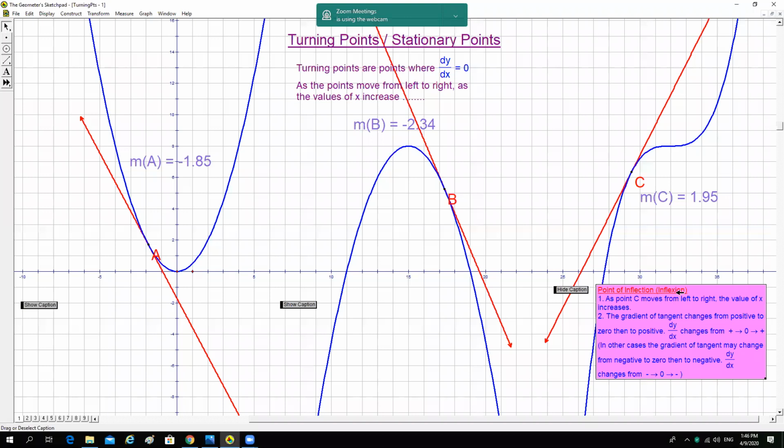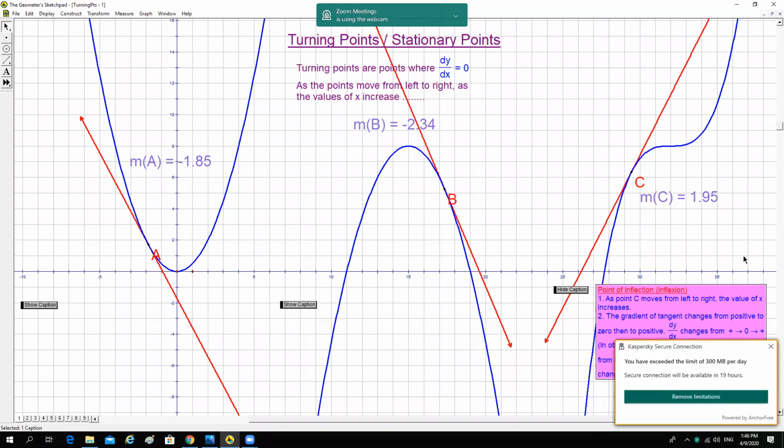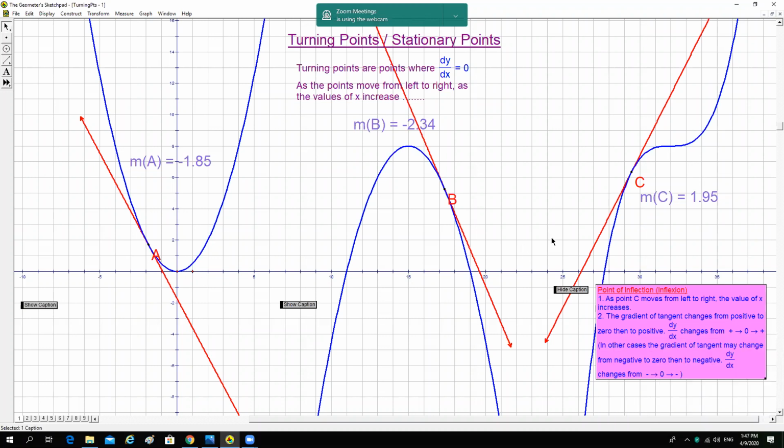Another spelling is inflexion. So we are not going to study this point of inflection. We are going to look at these two types, minimum point and maximum point. These are called turning points or stationary points.